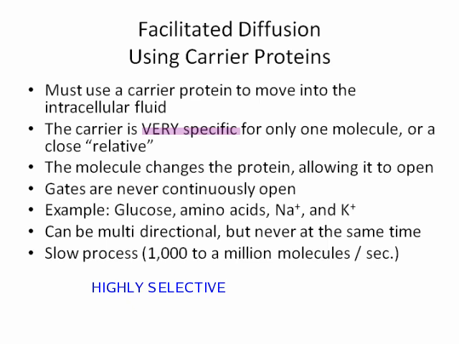Because of this selectivity, because of the high specificity for particular molecules, this is a very slow process that occurs across the membrane: 1,000 to 1,000,000 molecules per second. Now that may sound fast, but in terms of physiological response, that is not.